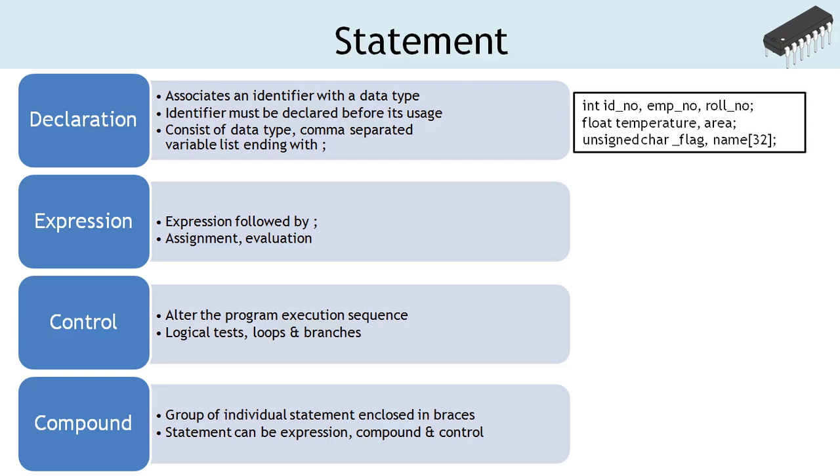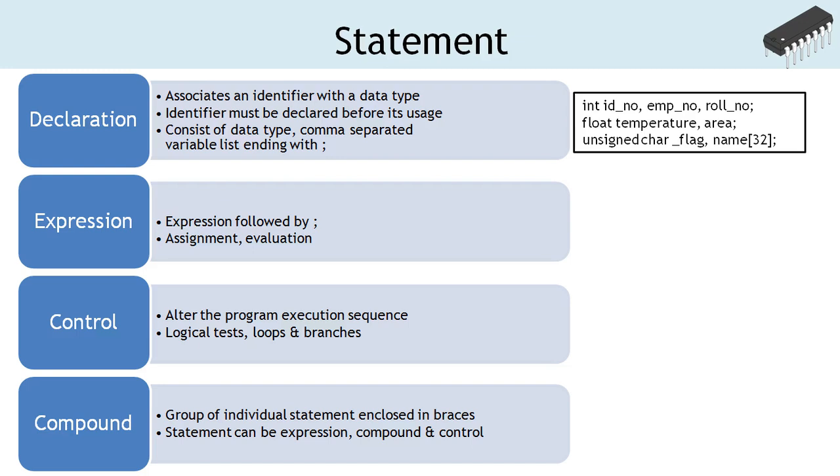A declaration statement associates one or more variables with a data type. All variables must be declared before they can be used in other statements. A declaration statement starts with a specific data type followed by a comma-separated list of variable identifiers and finally ends with a semicolon. For example, id_number, employee_number, and roll_number variables are defined as integer data types.